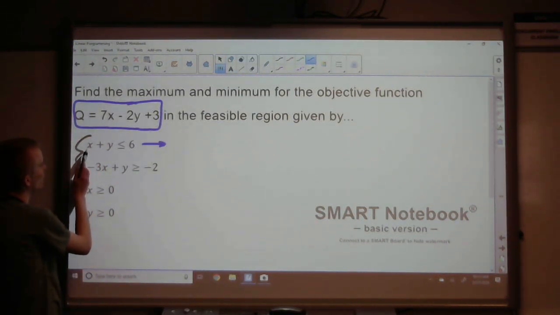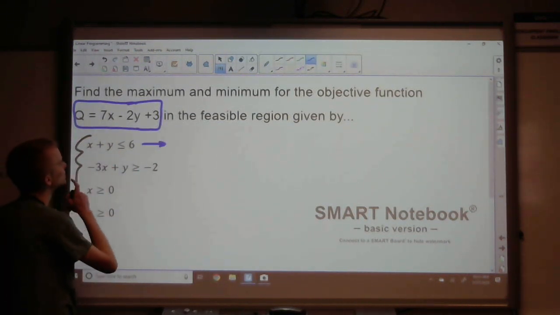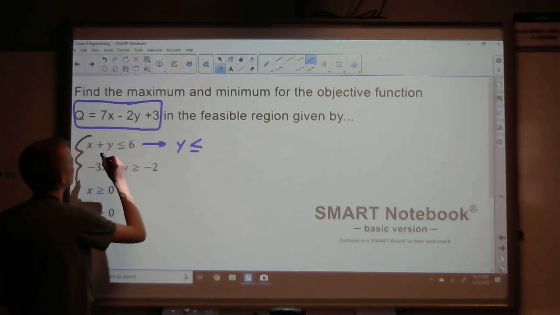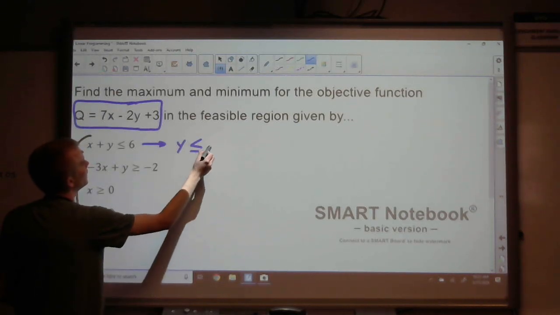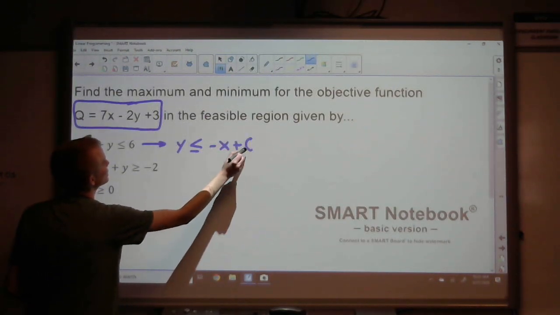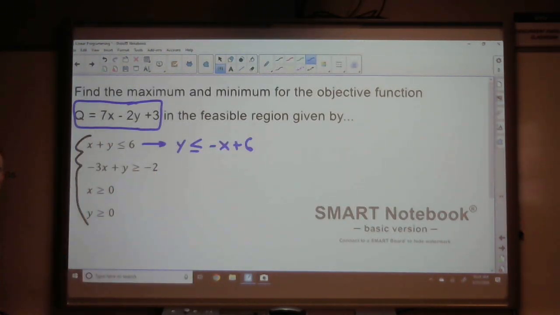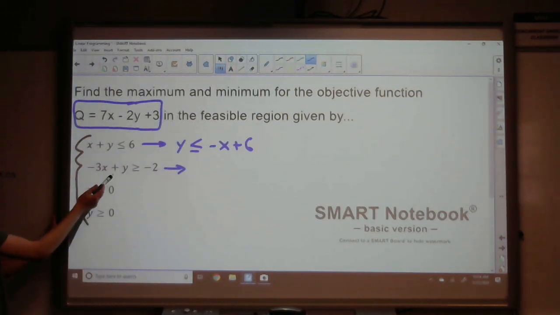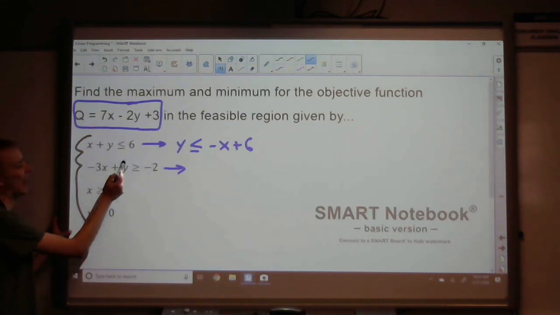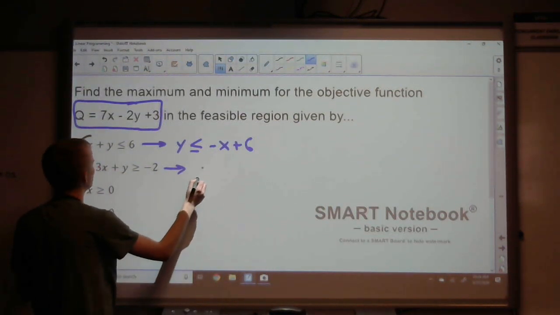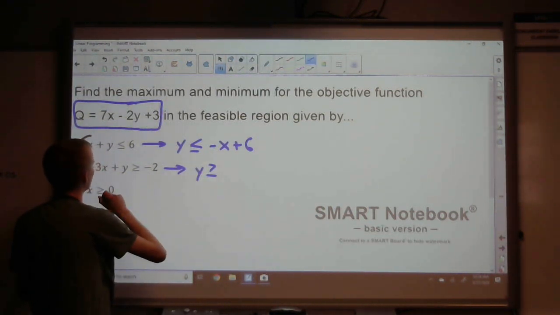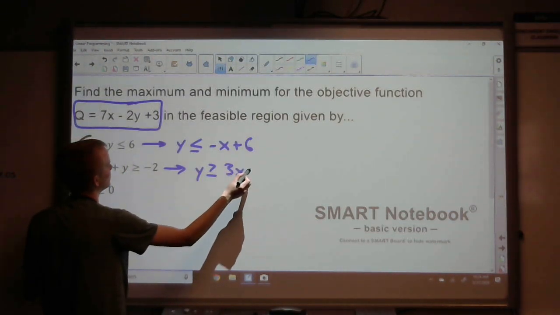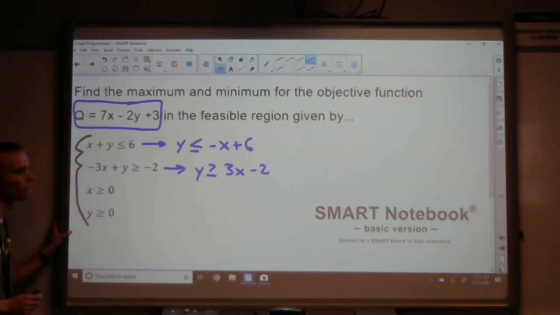So to get y alone, I'm going to subtract x from both sides here. We get y is less than or equal to negative x plus 6. This one, to get y alone, I'm just going to add 3x to both sides. So here we get y is greater than or equal to 3x minus 2.